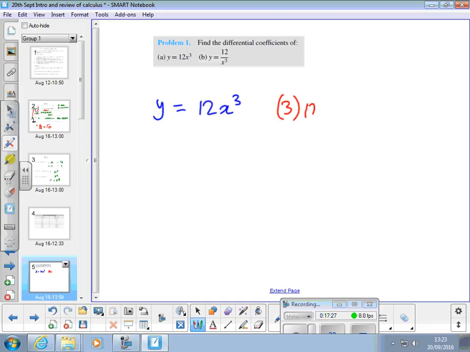We've got to keep our 12, haven't we? 12x. And then this index becomes 3 minus 1. Until you get used to this again, I would recommend writing out the stages. So 3 12s are 36, x to the power of 3 minus 1 is 2.